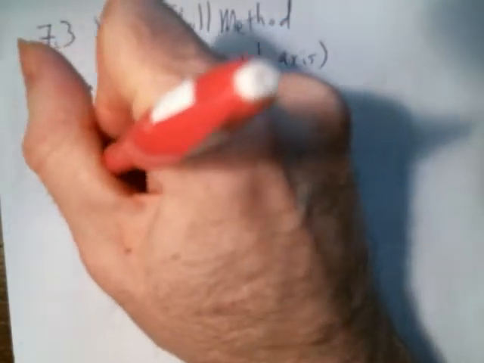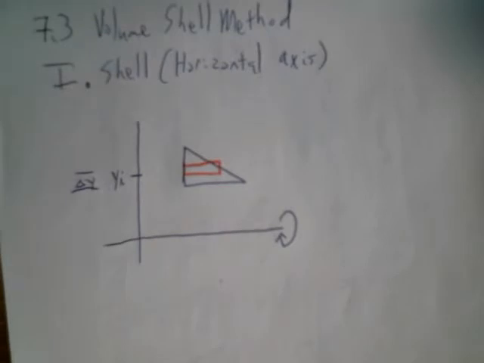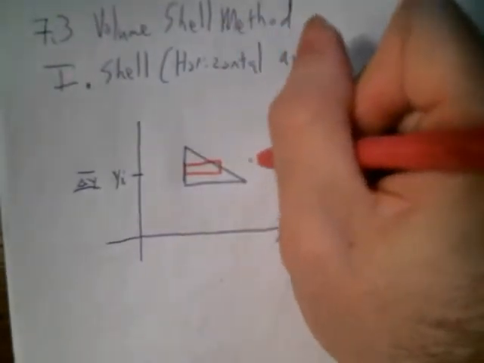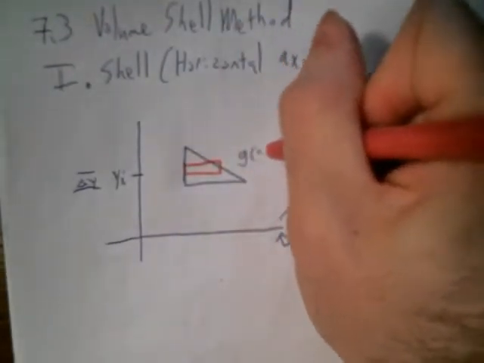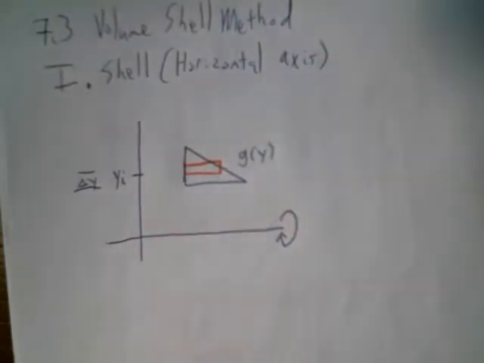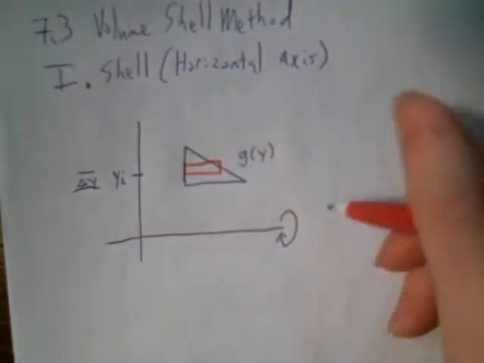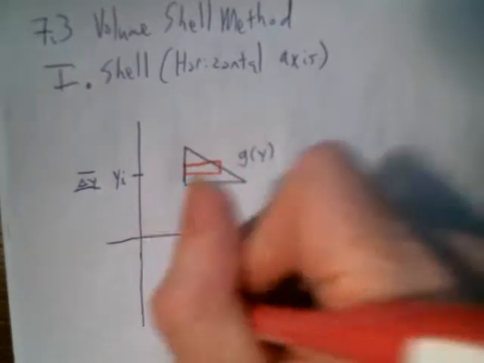The width of the rectangle will be change in y. And then you'll have some sort of function g of y to tell you the length of the rectangle. And then we're spinning it around this x-axis.